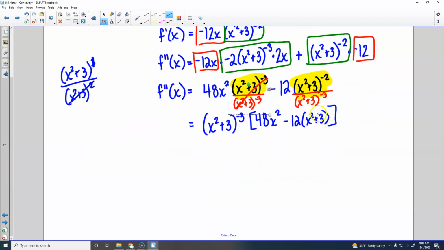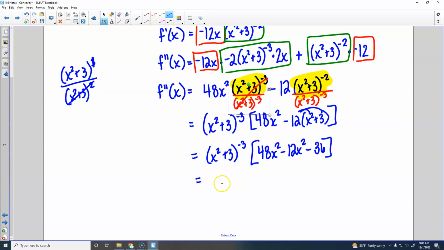So if I distribute here and simplify, I've got x squared plus 3 to the negative third, and then I've got 48x squared minus 12x squared minus 36.